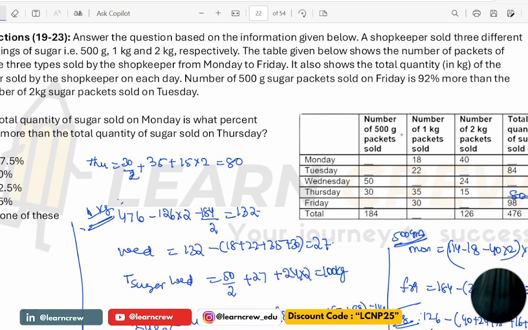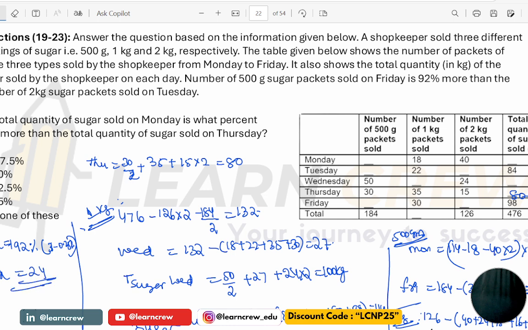So according to the question, it is 92% more. So 72 minus x is equal to 192% of 31 minus 0.25x. From this, if you simplify, you will get x as 24.